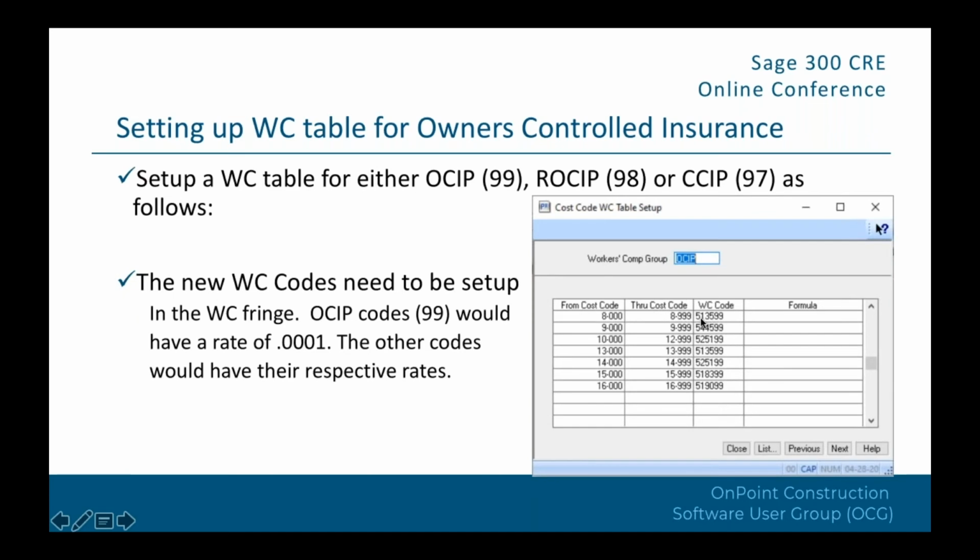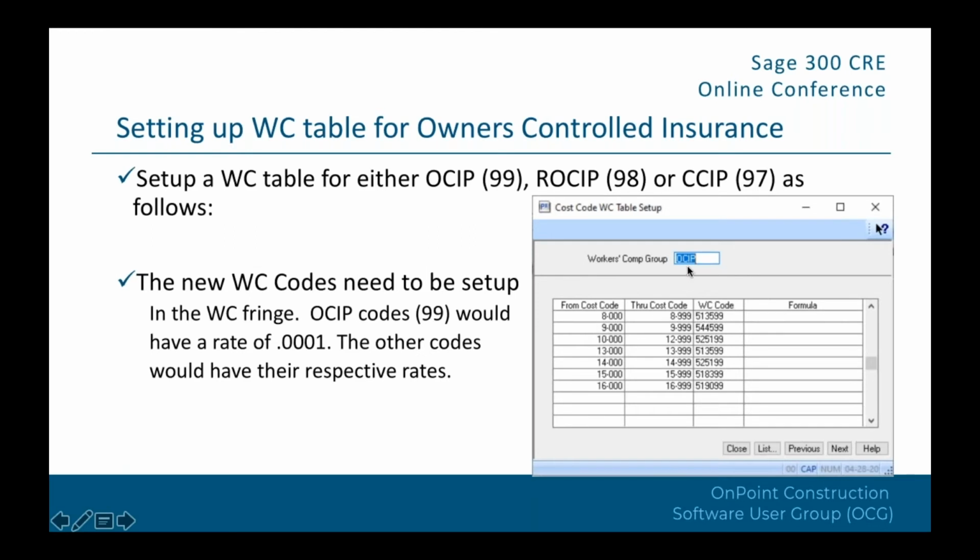But this one is 5135.99. So 99 means the OCIP, and OCIP means you are not responsible for any insurance on it, work comp or general liability.